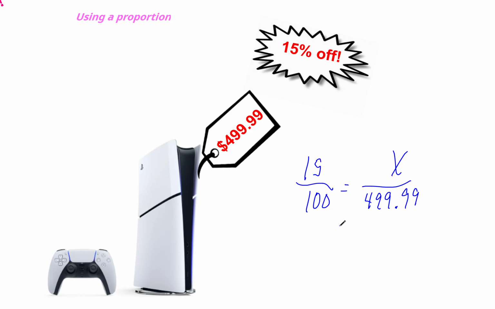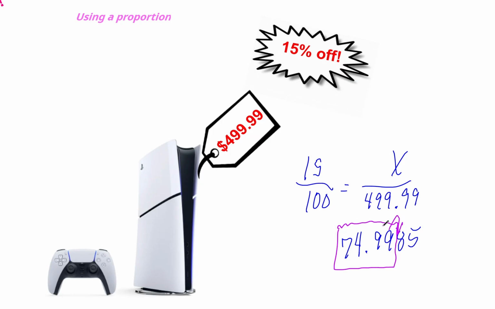I get 74.9985 in my calculator, because we are using a calculator for this. For speed purposes, we'll practice without one later. Here is my money amount. That's all I want to look at. And I ask myself, is that $74.99, or do I bump it up a penny, which makes it an even $75?